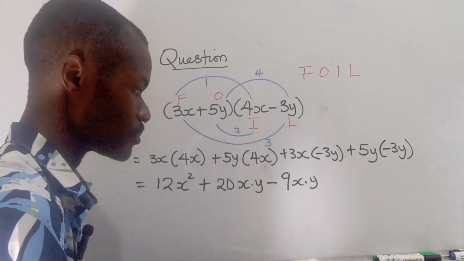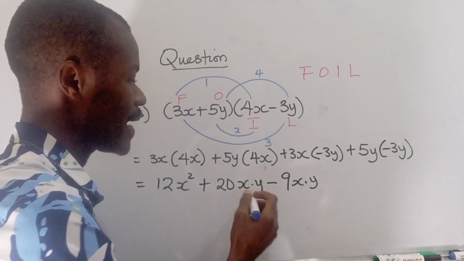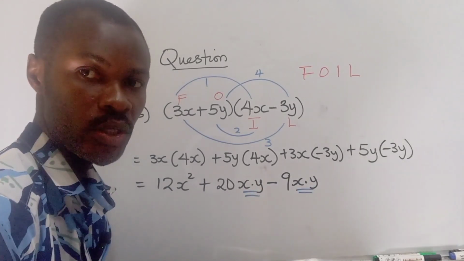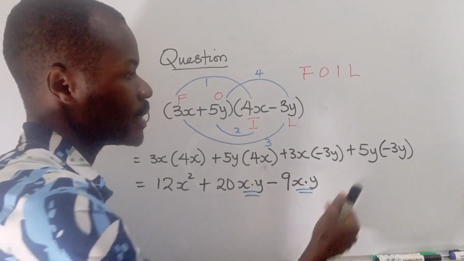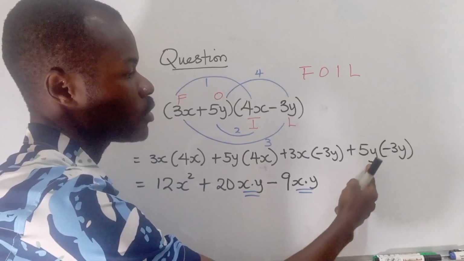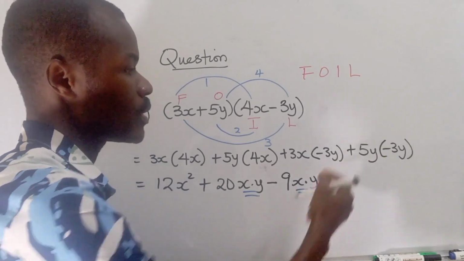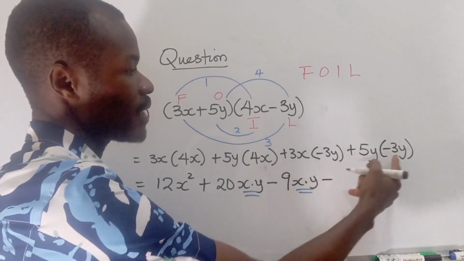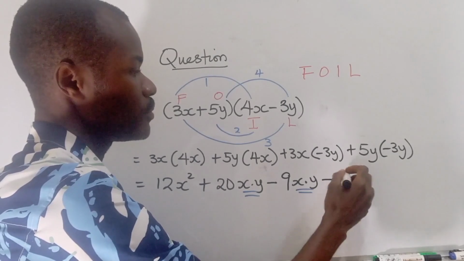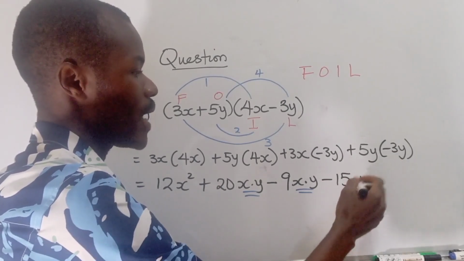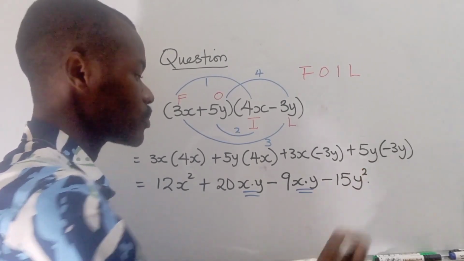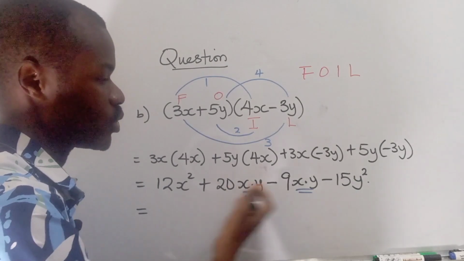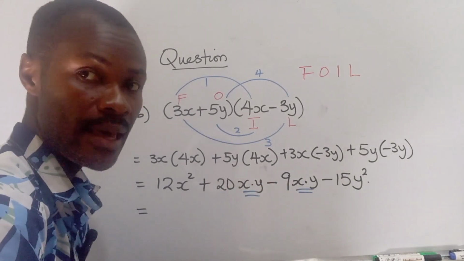You can see that we have gotten like terms here in the middle. So you always want to watch out for that. Now lastly, we have plus 5y multiply minus 3y. So plus times minus here is minus. 5 times 3 is 15. y times y is y to the power of 2. So from this, we have one more step. We can subtract this since they are like terms.